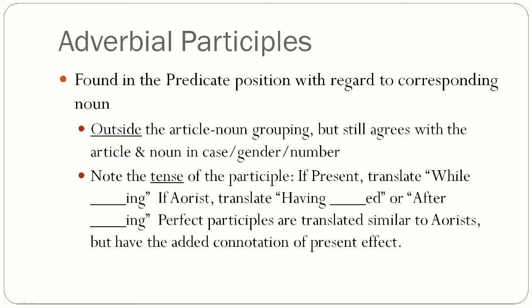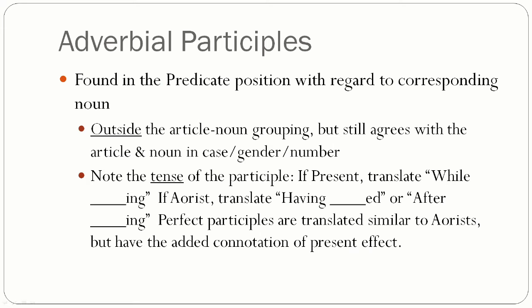Now, if it is aorist, there are a couple of ways you can translate. Either having and then that sort of past participle form, with -ed on the end, is the regular form. Or you could also say after. So having or after with the aorist, while or when with the present. Perfect participles are translated in a way that is very similar to the aorist participle.